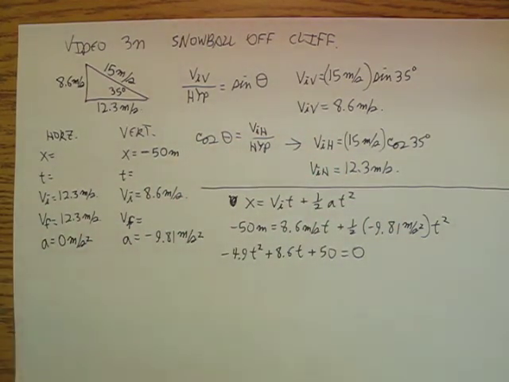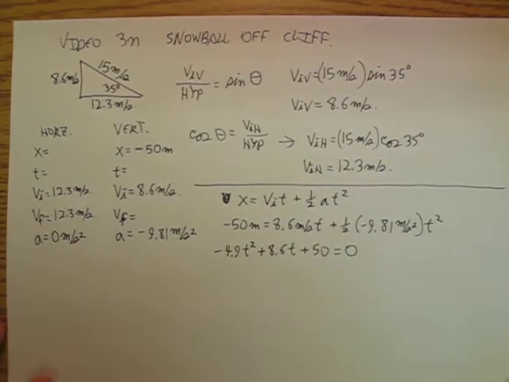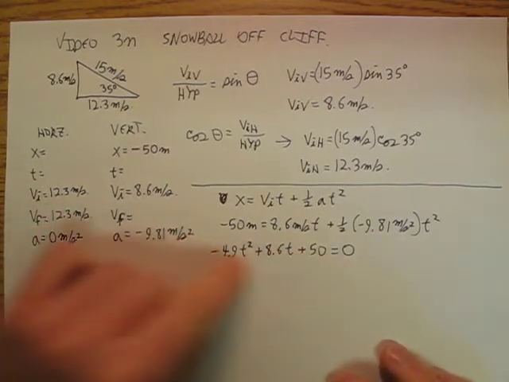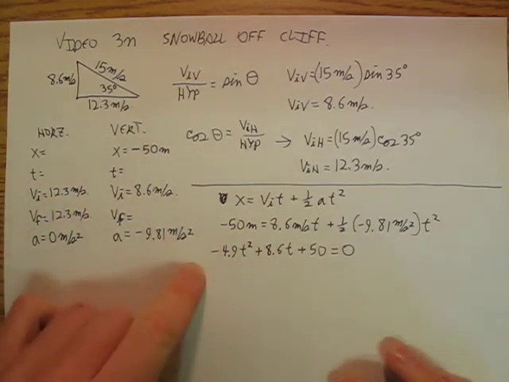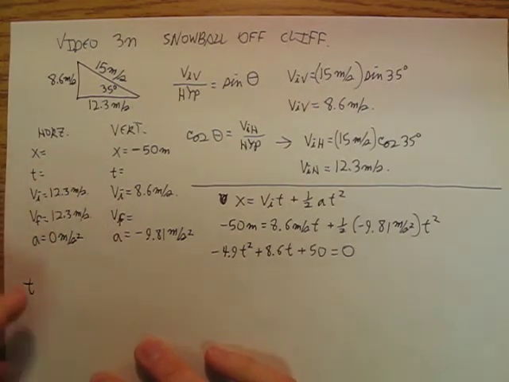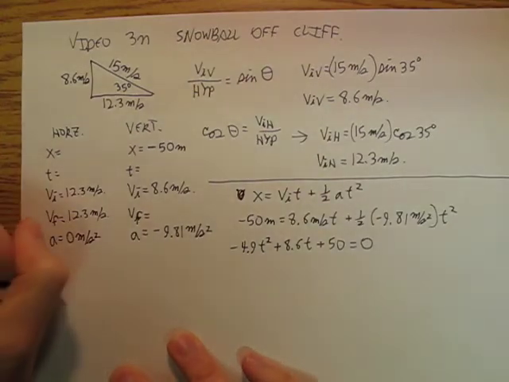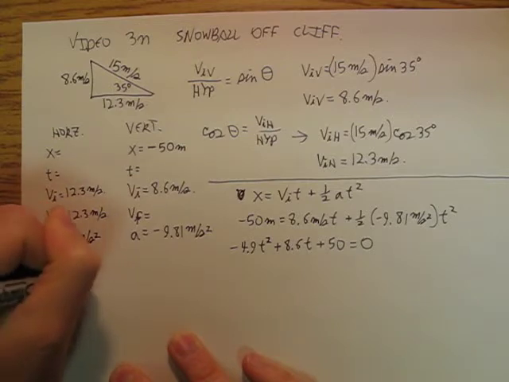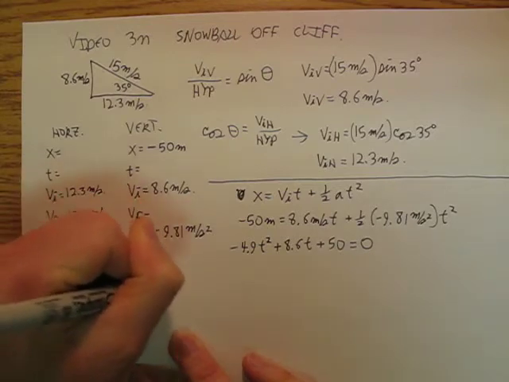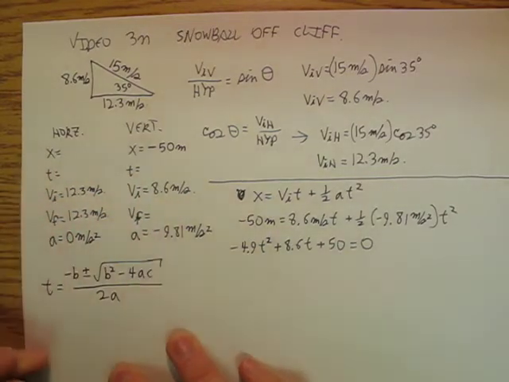Now I've dispensed with units, and I really hate to dispense with units, but for this case I want to focus on the math and not get caught up in the units right now. This is a quadratic equation. And to solve this, we're going to use the quadratic formula, and the quadratic formula is t is going to be minus b plus or minus square root of b squared minus 4ac over 2a.